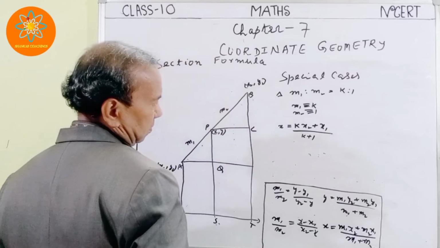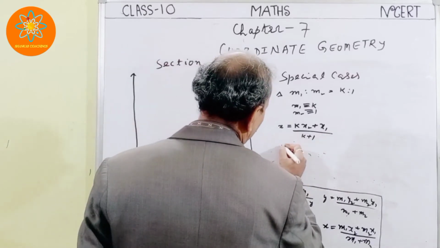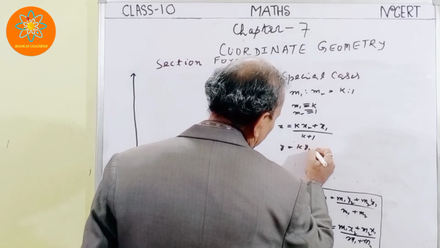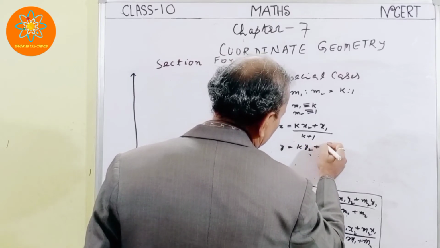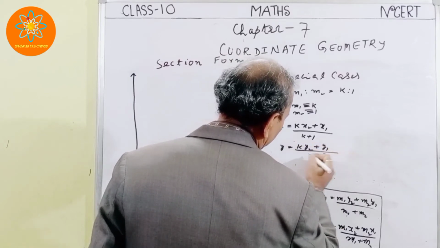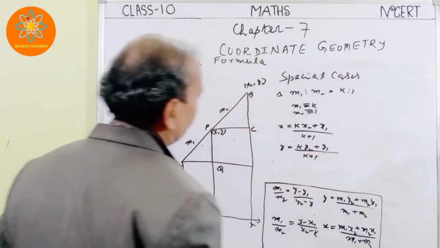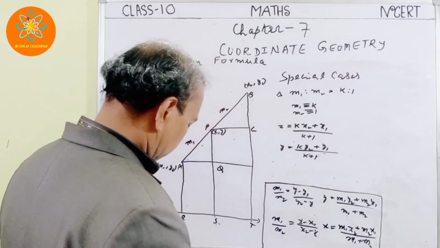And what about Y? Y is (K y2 plus y1) divided by (K plus 1).